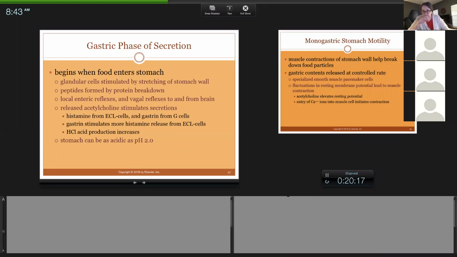So that's how acidic your stomach is. It is that acidic. And that's an important number to know, because you need an acidic environment to digest food. So it can be as low as 2.0 in a monogastric stomach. And why is it acidic? Because the stomach is glandular and is secreting acid.